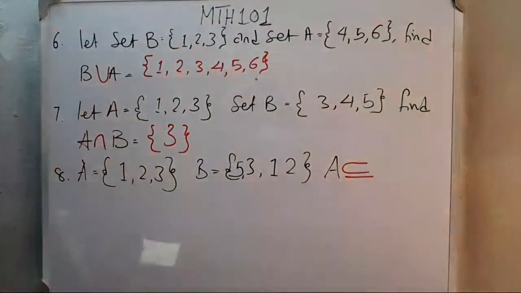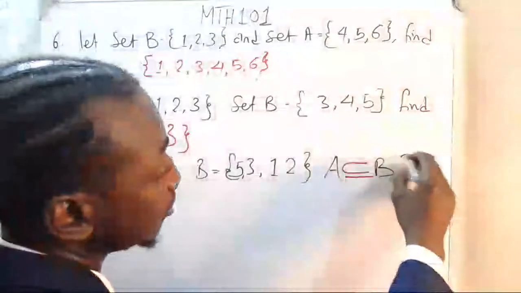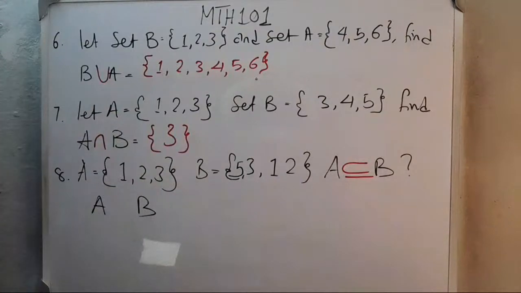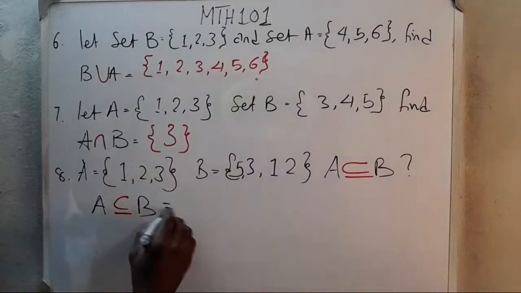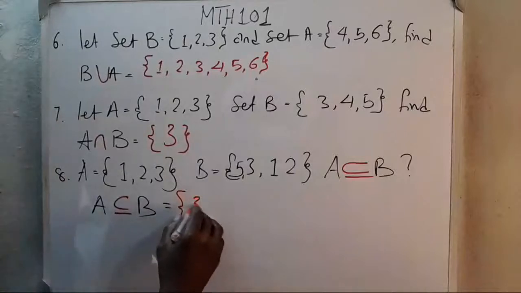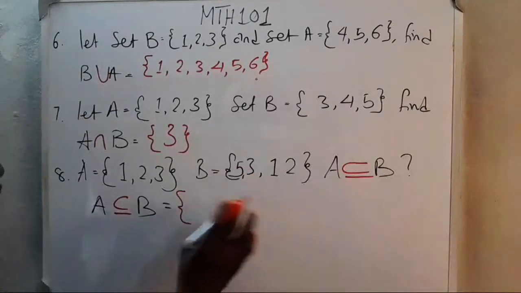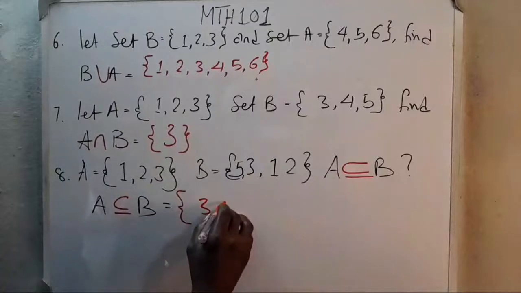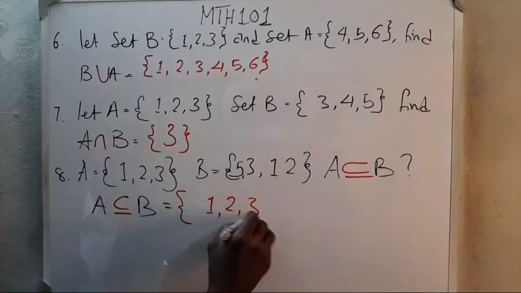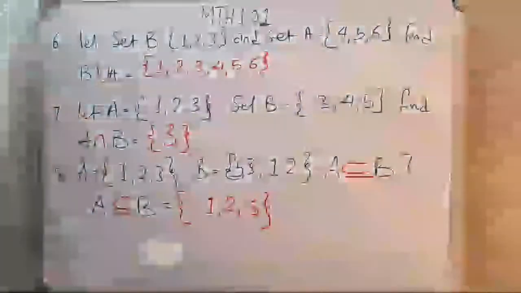A subset B, therefore, is 1, 2, and 3. Why? Because these can be found in B.